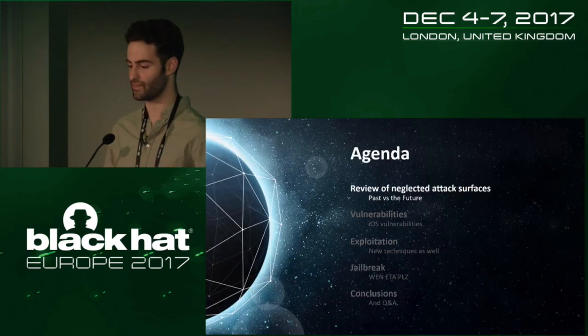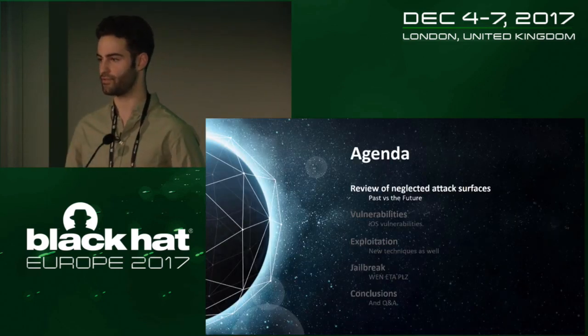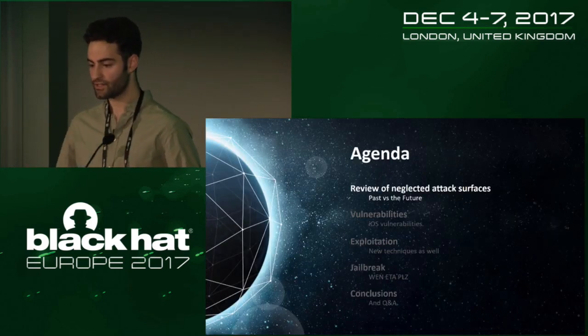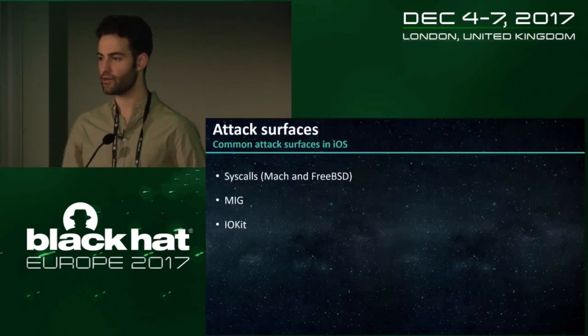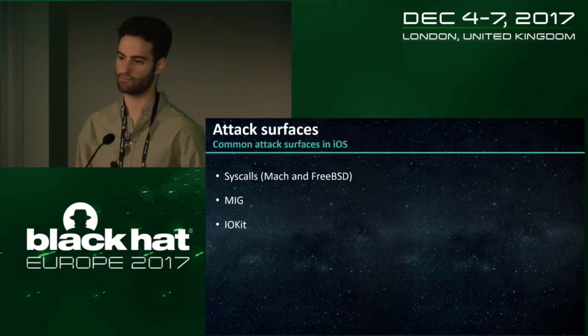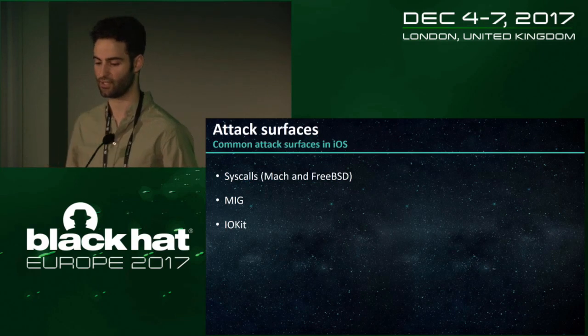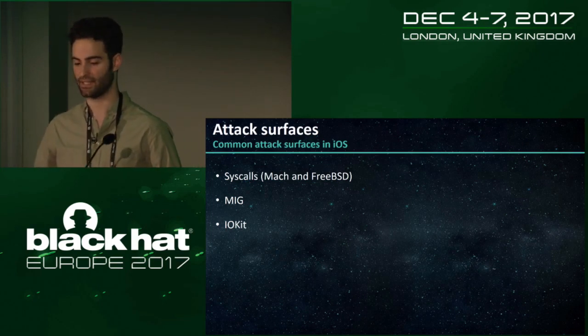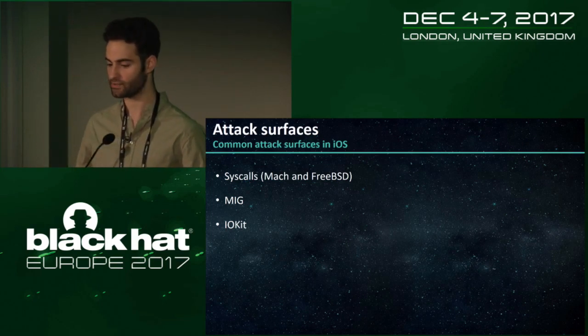So let's start. We'll start, like I said, with the review of the attack surfaces. So in iOS and also macOS, there are a lot of attack surfaces. We can categorize them into different sections, let's call it this way. Mainly syscalls, system calls.